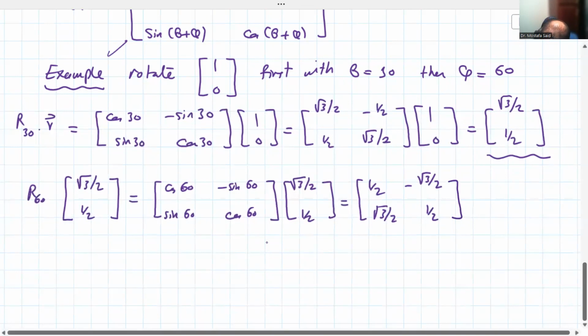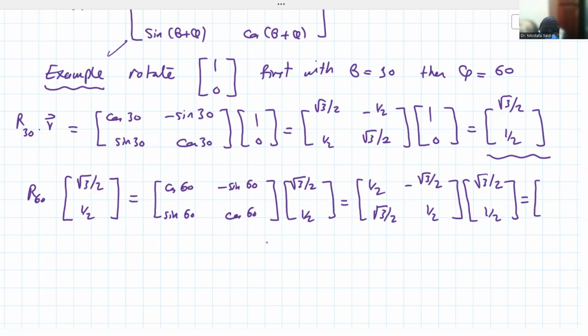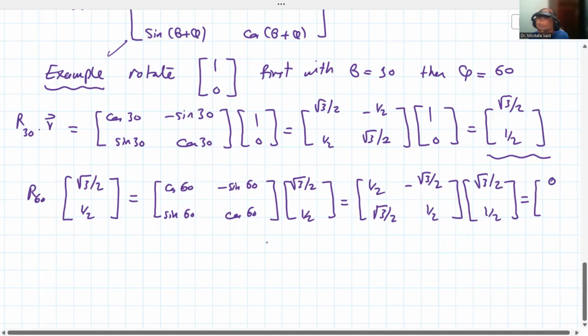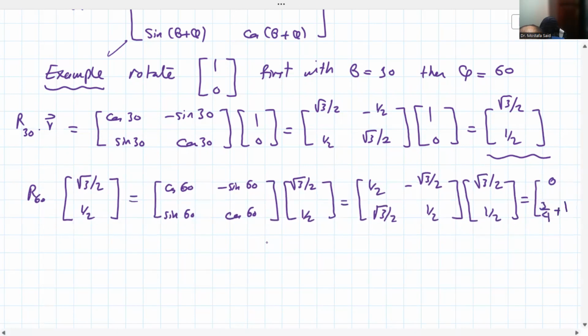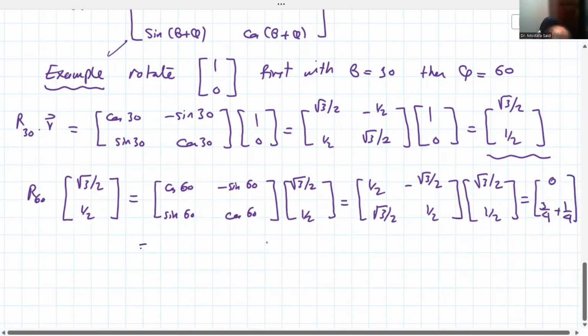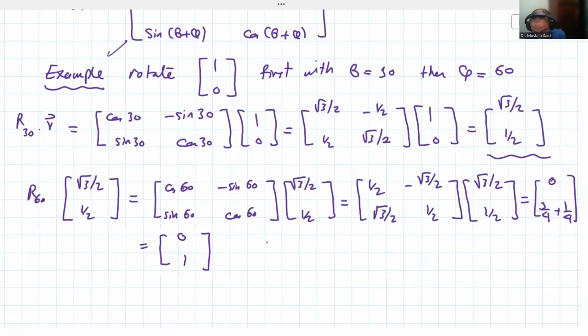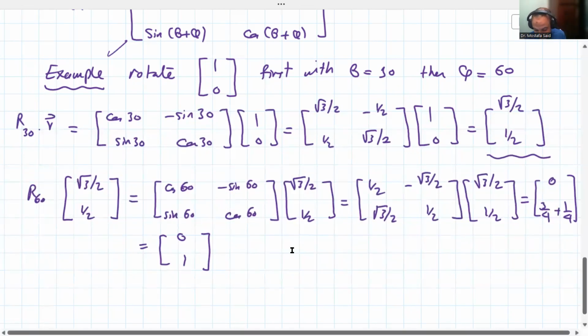Let's do that. The first item: half multiplied by square root of 3 over 2, minus square root of 3 over 2 times half. So this will give us 0. You can do it yourself and verify. Then 3 over 4 plus 1 over 4, which is basically 1, 4 over 4, right? So we get 0 and 1.